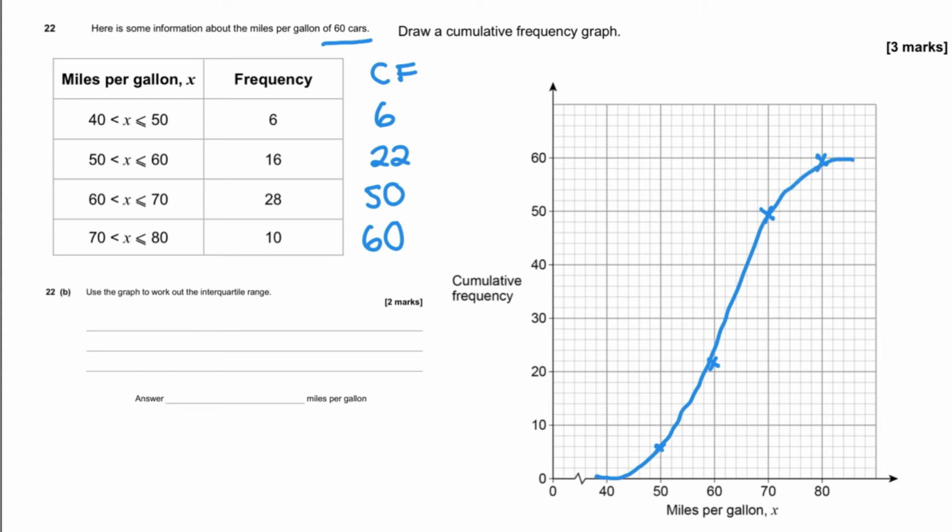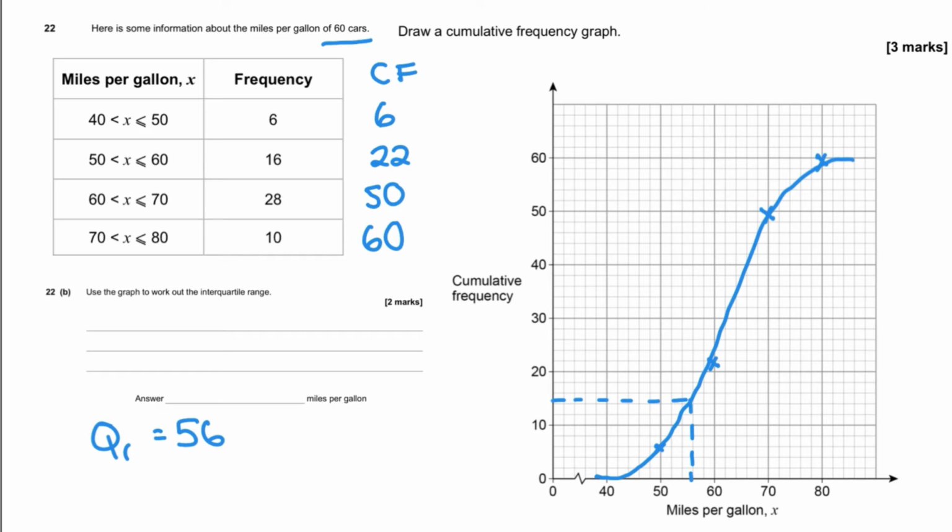Part B says, use the graph to work out the interquartile range, and the cumulative frequency numbers are going to help us do that. If there were 60 cars in the data altogether, the first quarter is going to be the first 15 cars. So if we draw a line to the curve, and then down to the miles, we can see the lower quartile is going to be 56 miles per gallon.